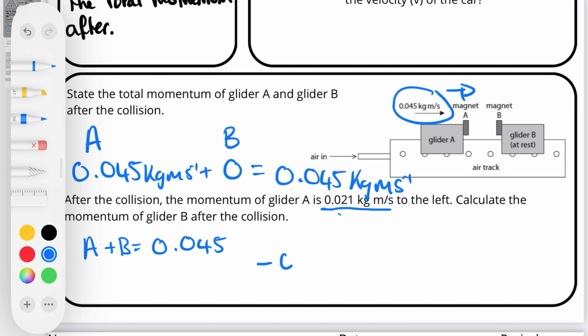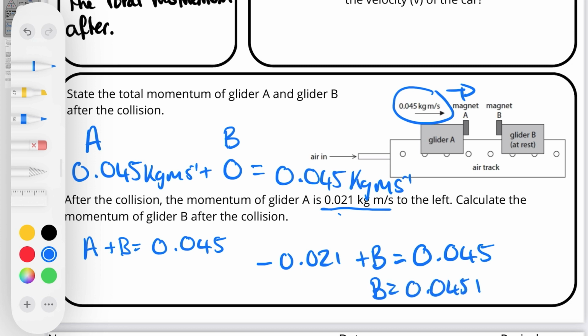So we've got negative 0.021 plus B equals 0.045. Then we know B must equal 0.045 plus 0.021.